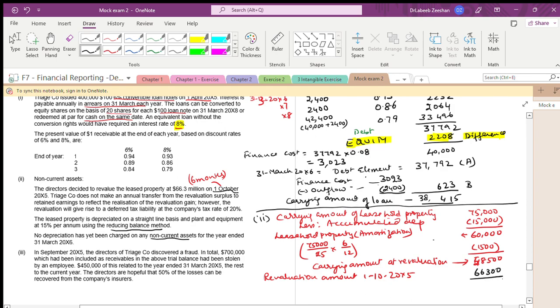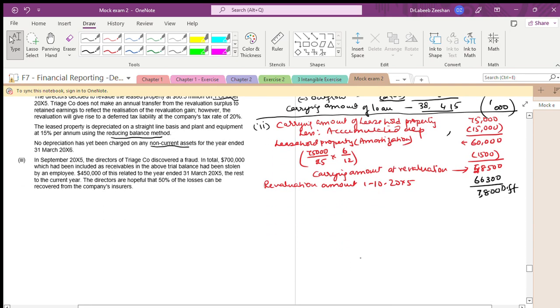Difference is how much? 13 minus 5, 8. 15 minus 8, 7. 7,800. It is all in thousands, okay?